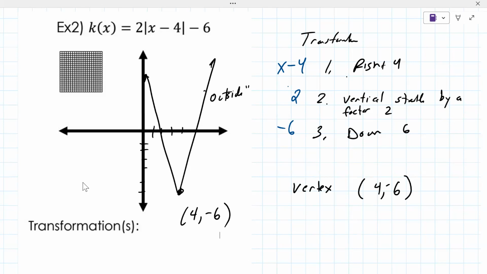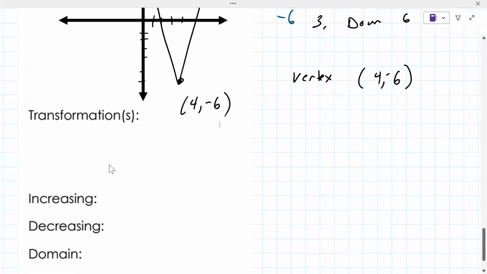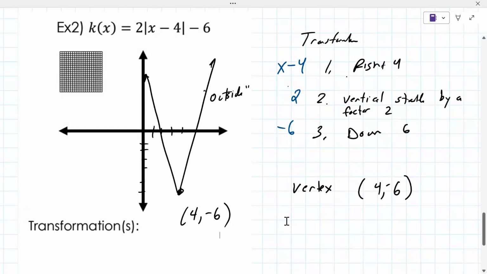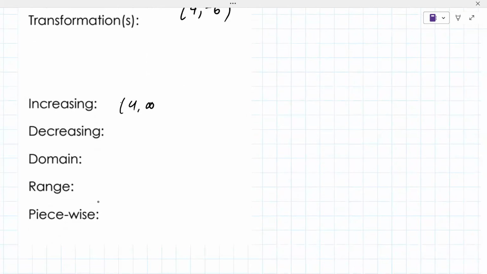Increasing would be from -6, or oh wait, increasing is what? It would be from 4 to infinity. For which one, increasing or decreasing? Increasing. Yeah, I agree with that. Keep going.